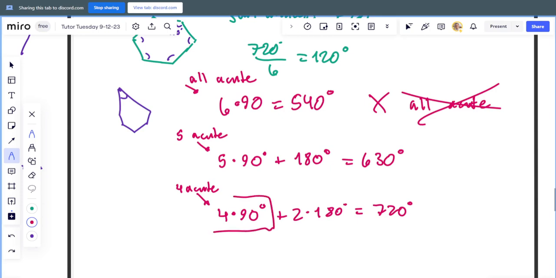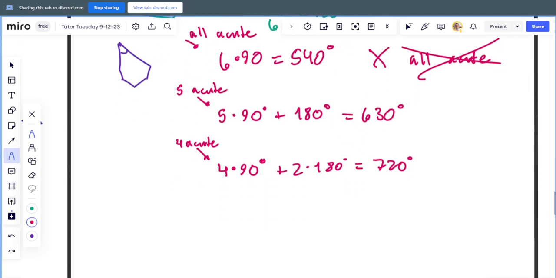This is right on the edge of being acute, but these are right angles. So that would look something like you have 4 angles of 90 degrees, plus you have 2 angles of 180 degrees. That literally is just a square with 2 extra points.